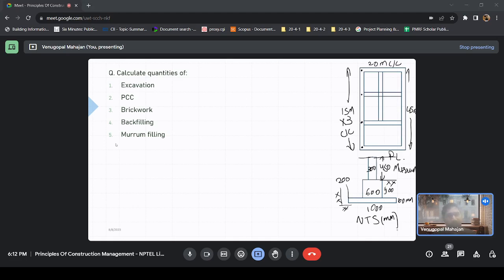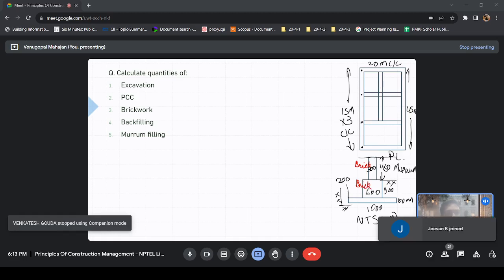What you have in front of you is an old style plan where your brick wall itself is your load bearing structure. You have the plan 20 meter by 45 meter, and you have some walls.